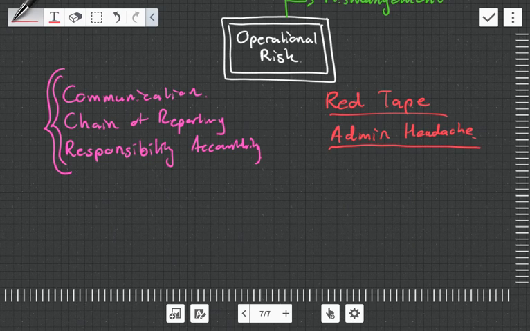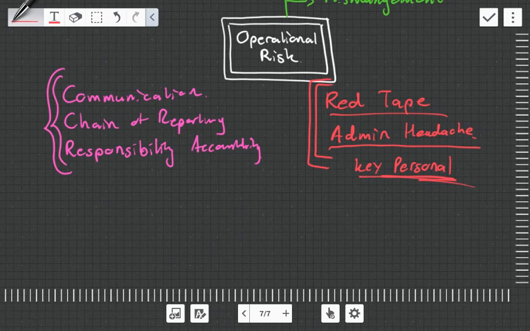That's one of the big problems with operational risk: the things that people put in place to try and combat it start creating new risks of their own. One of the big risks is that key personnel are, well, how do I say this? Key personnel are encouraged to leave the company. Well, no, that's probably the wrong word to use.